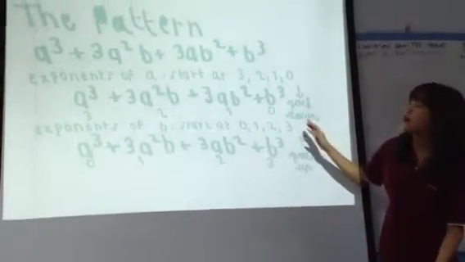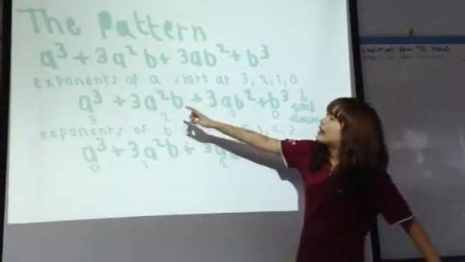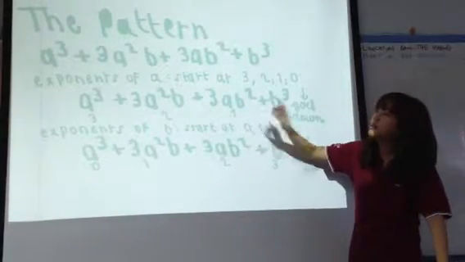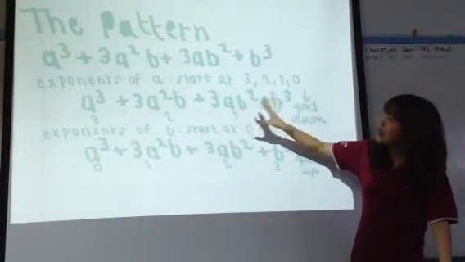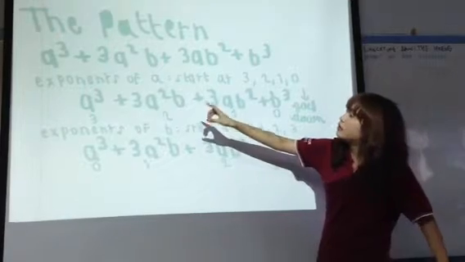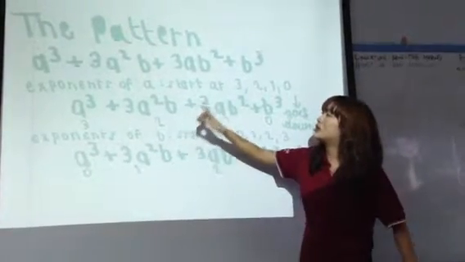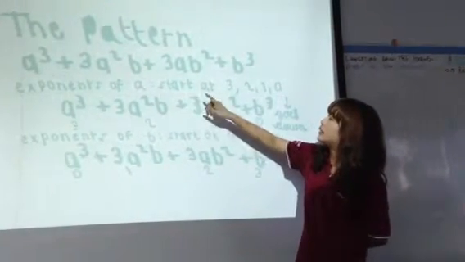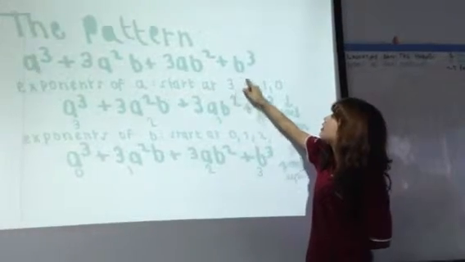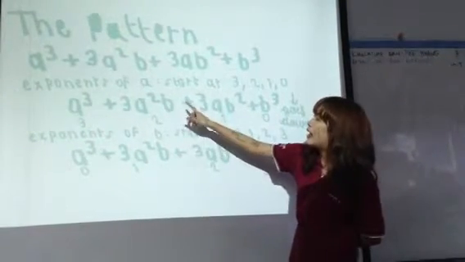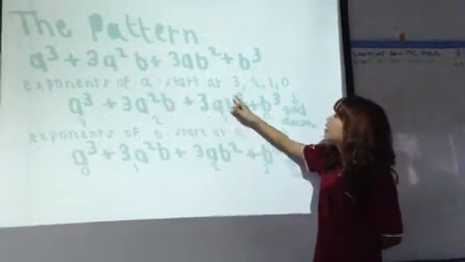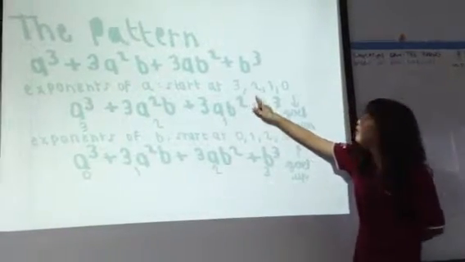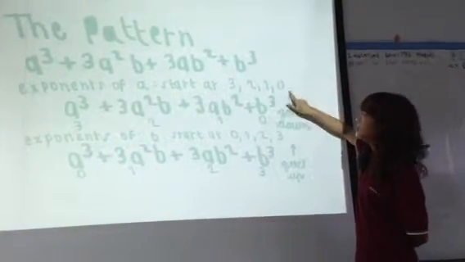Okay, so the pattern. As you can see, for the exponent of 3, right, here we got a cubed plus 3a squared b plus 3ab squared plus b cubed. Exponents of a start at 3 and then go to 2, 1, and then 0.